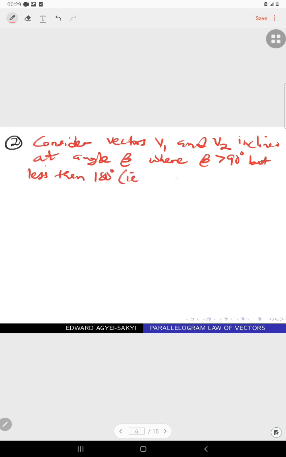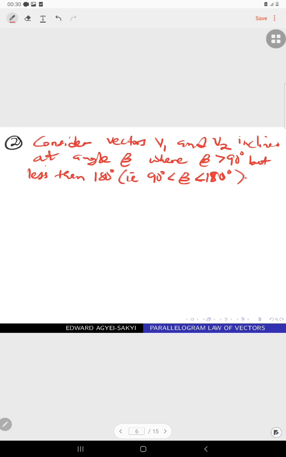That is, beta is between 90 and 180. So how do we represent it? 90 degrees less than this. That is how you write it. It means it lies between 90 and 180.